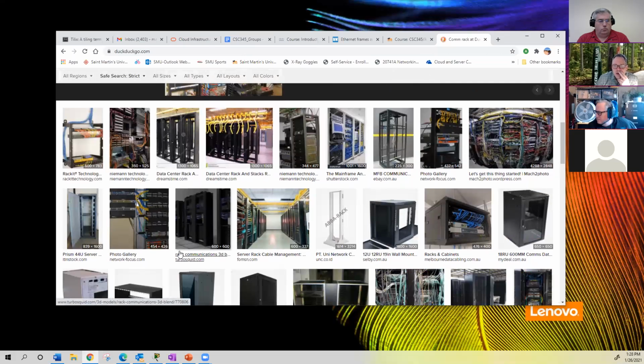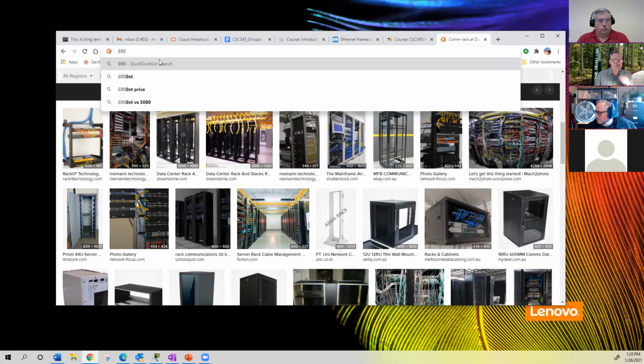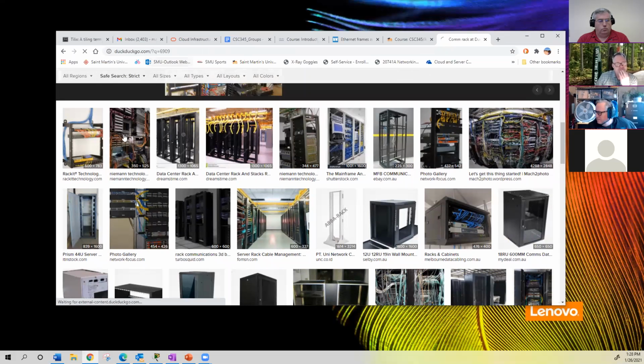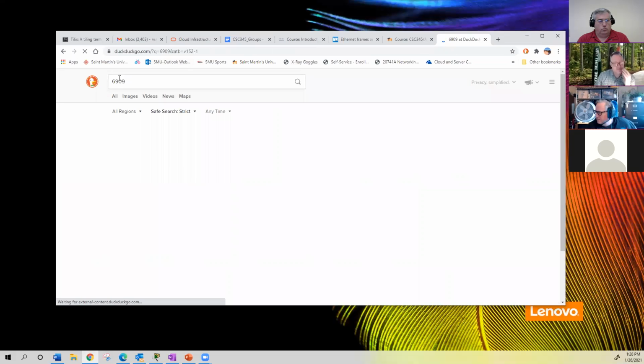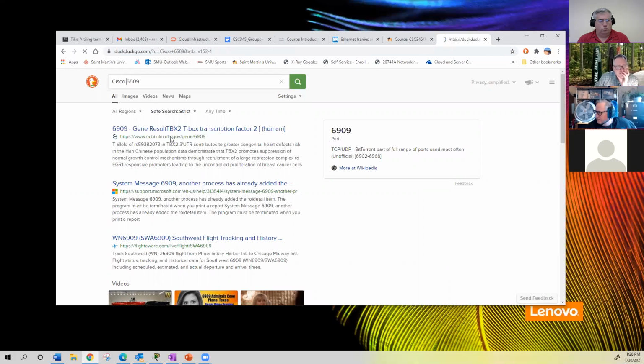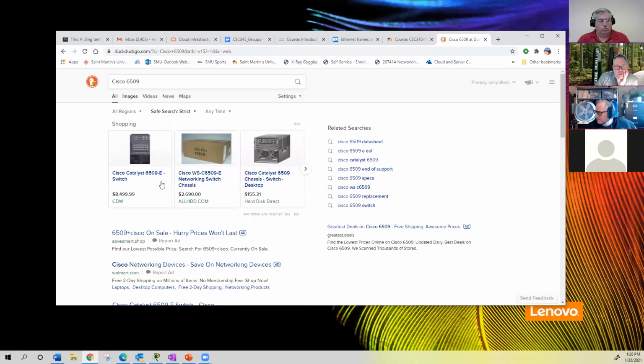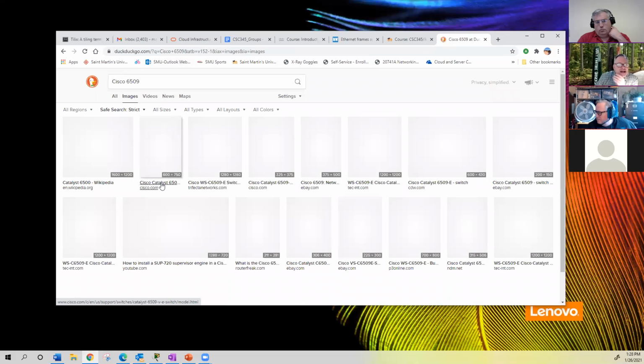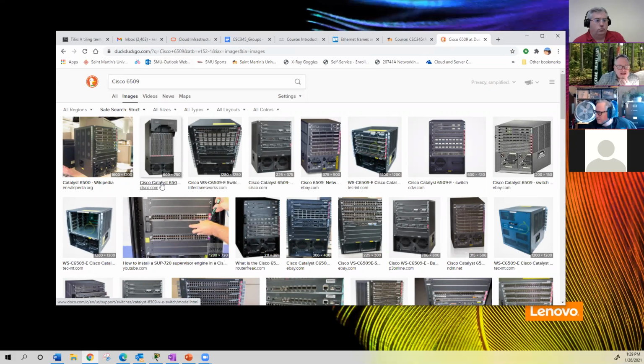The thing about comms racks is when you have a router that does all the connectivity between the servers and out to the different networks.